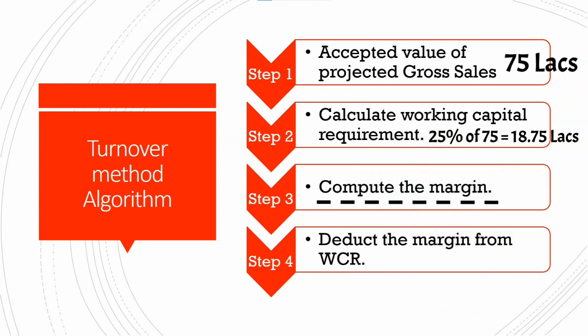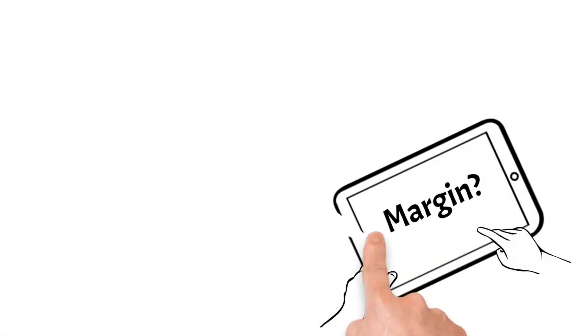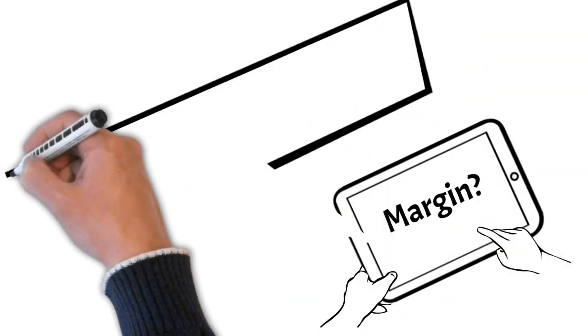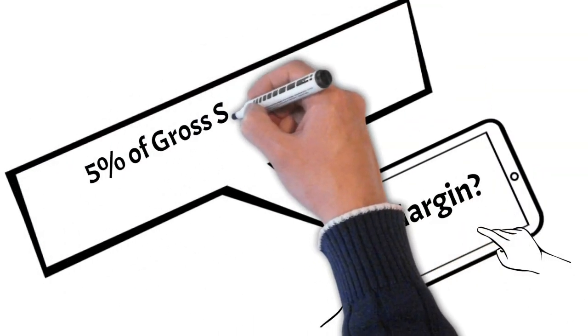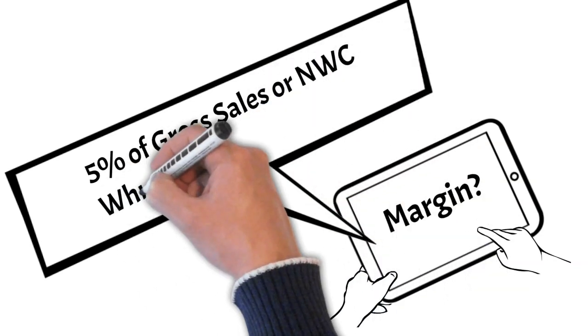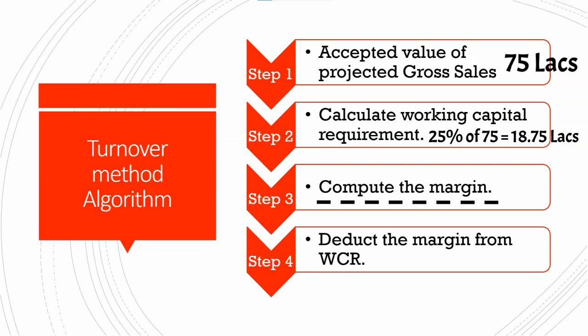Now you determine the margin to be brought in by the promoters. And how to do that? We consider two sets of values, 5% of gross sales or NWC, whichever is higher. Finally, we deduct the margin from the working capital requirement to arrive at the eligible limit.